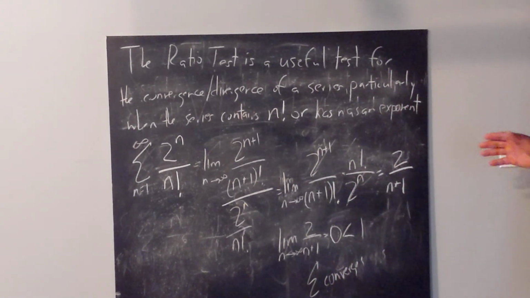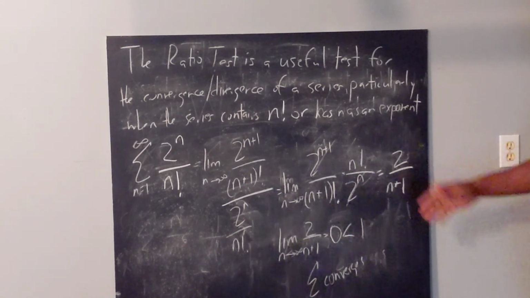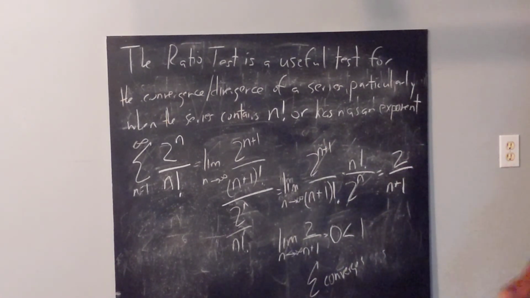So that's just a good example of the ratio test. Of course, there's other ones, but those are the two basic fundamental types of problems from the ratio test. Everything else kind of piggybacks off of that, but these are the good established basic problems that we have.